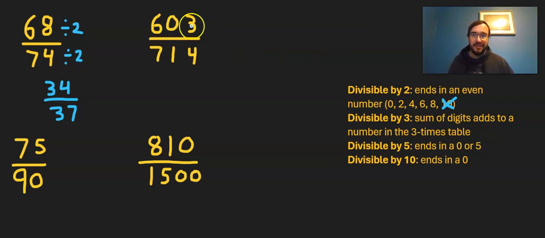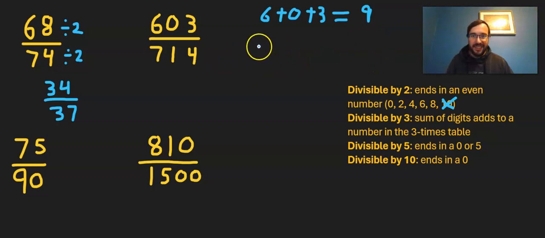So I've got 603 over 714. Now, if I were to look at the digits of that top number, 6 plus 0 plus 3, I'm just doing a little side calculation here. If you add those 3 numbers up, you get 9. And it's important to note that 9 is in the 3 times table.